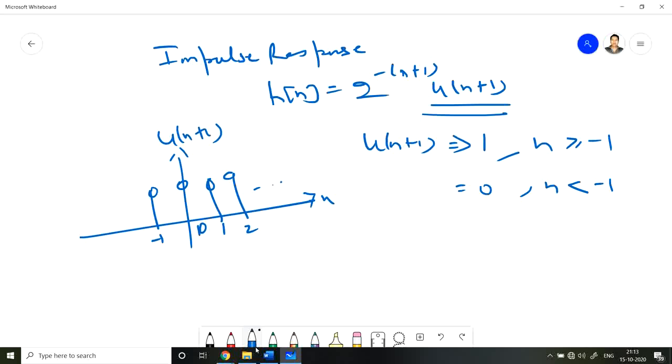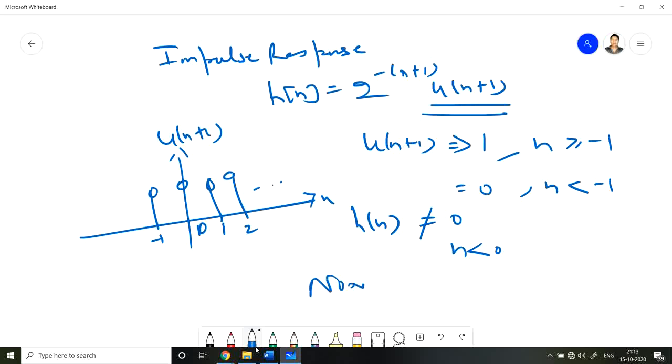So basically h[n] is not equal to 0 for n less than 0.